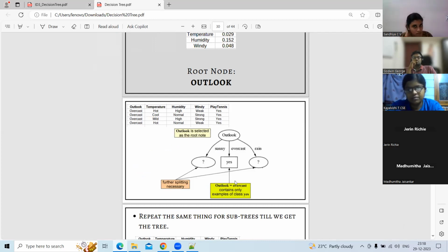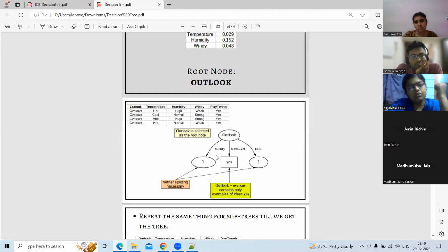Now we have to find out what will be the next node. So question: how many data points move to the sunny branch? Before you started with Outlook, there were 14 data points, correct?